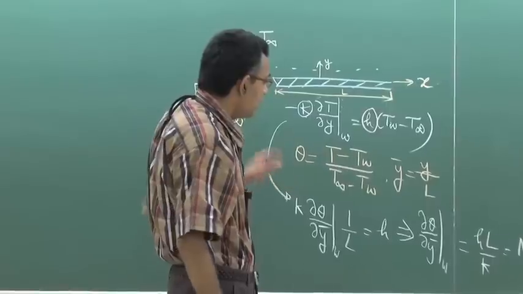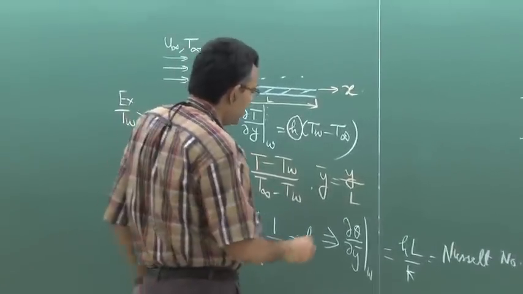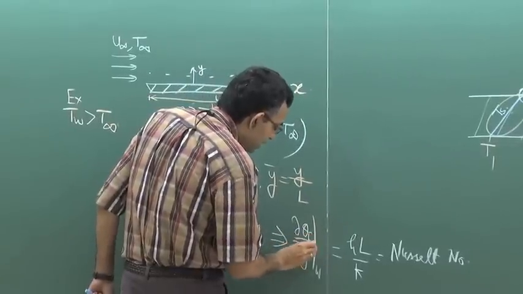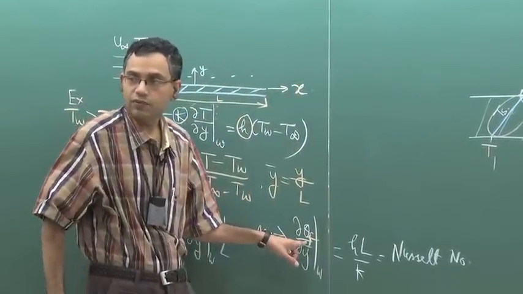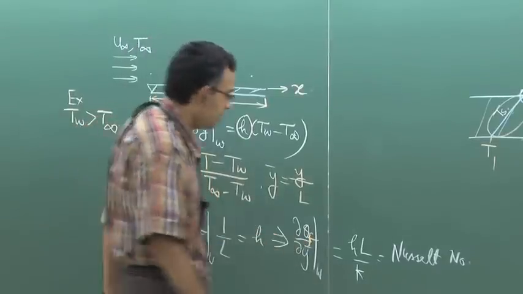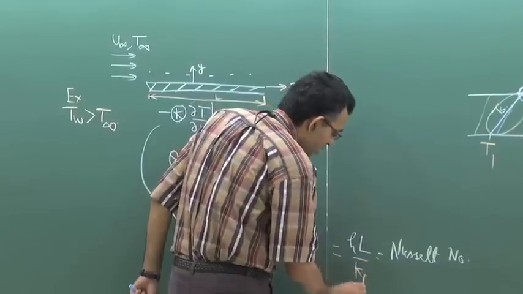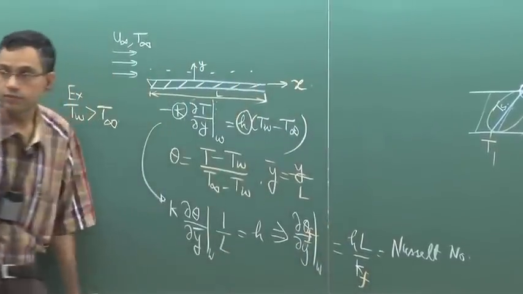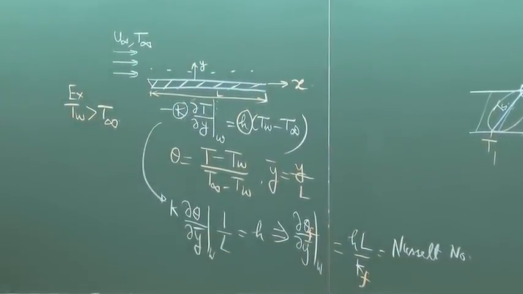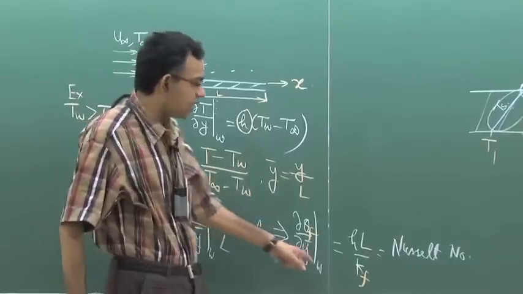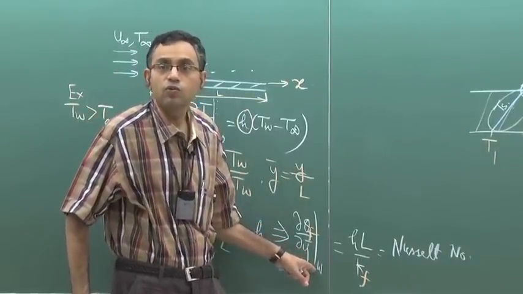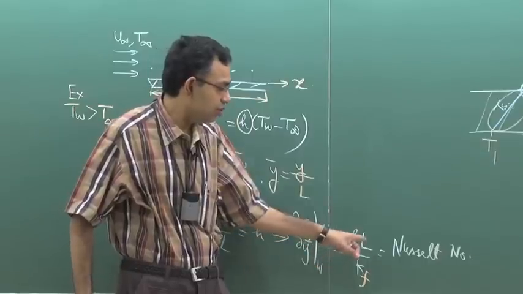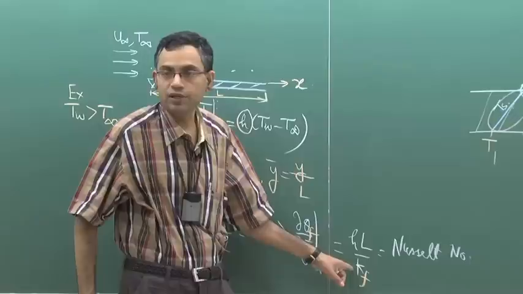So, important thing is that if this theta is theta of the fluid, now we write here theta of the fluid, then this is K of fluid. So, the non-dimensional temperature gradient of the temperature profile within the fluid is equal to HL by K of fluid.